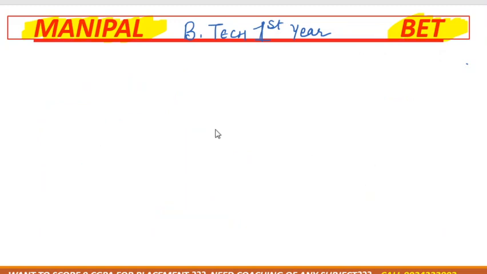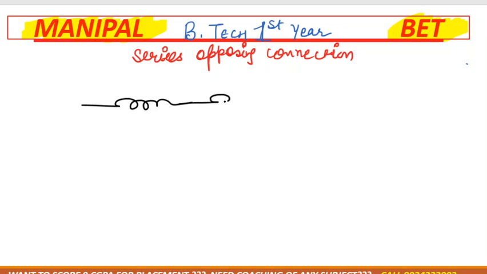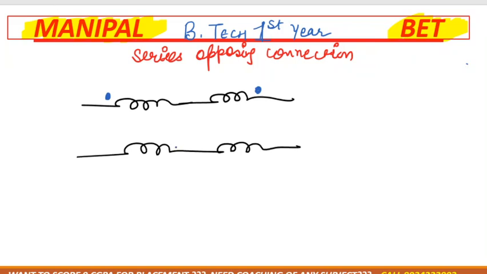Write it down. The second category is series opposing connection; that was series aiding connection. Next is series opposing connection. If the two inductors are connected in series but the dots are on opposite sides, one at the entering and another at the leaving, similarly one at the leaving and one at the starting, L1, L2.